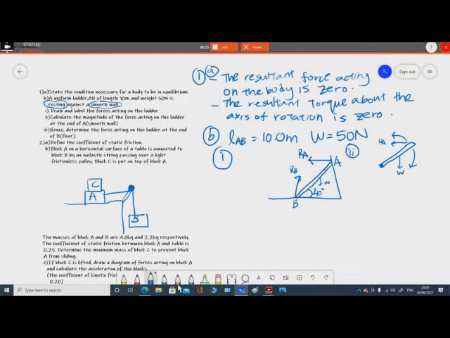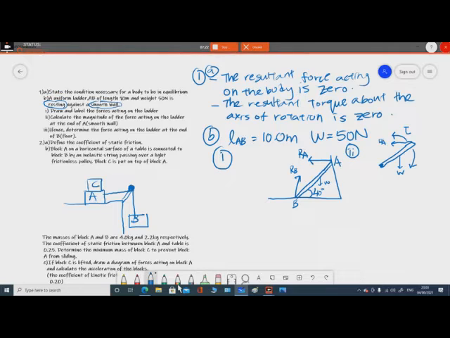Okay, this, as we describe in terms of torque, is actually about rotational motion. So this force RA will basically give us rotational motion in the anti-clockwise direction.